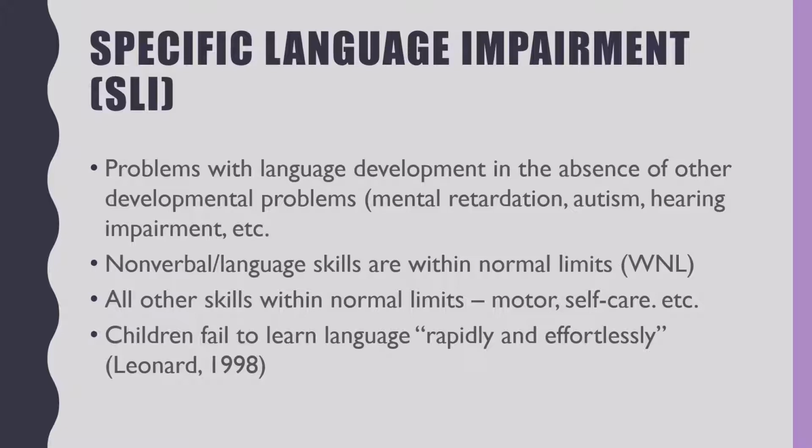They can walk, but they can't talk. These are the children that fall in the 10% of children who did not learn language effortlessly and easily. We see that their nonverbal skills are normal and they communicate well with gestures. Their motor and self-care skills are usually fine. They just have a language delay.